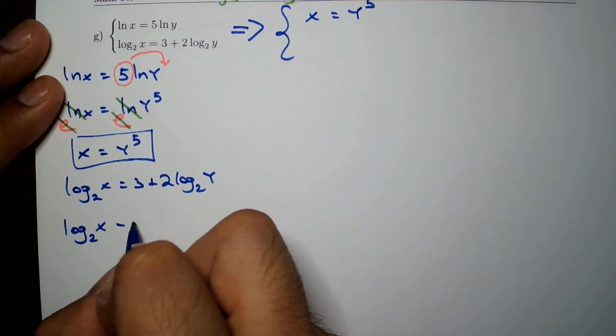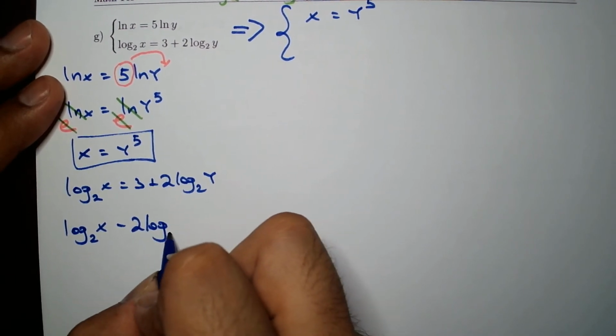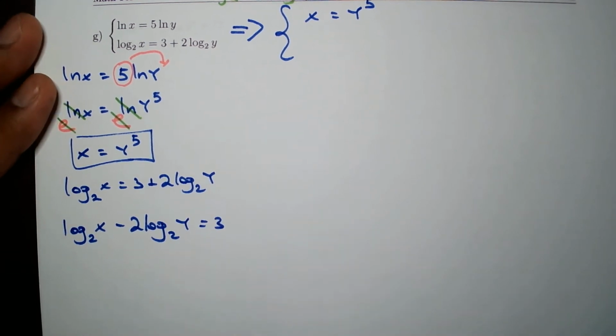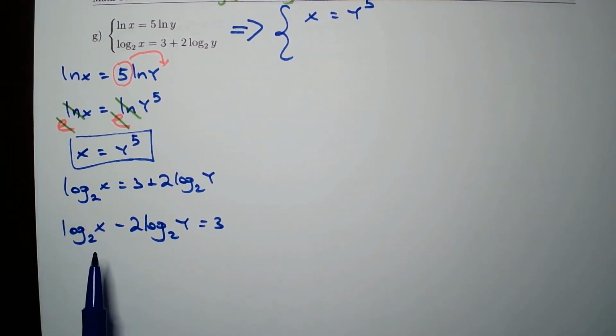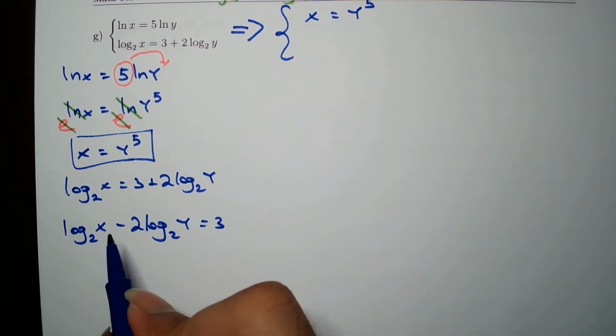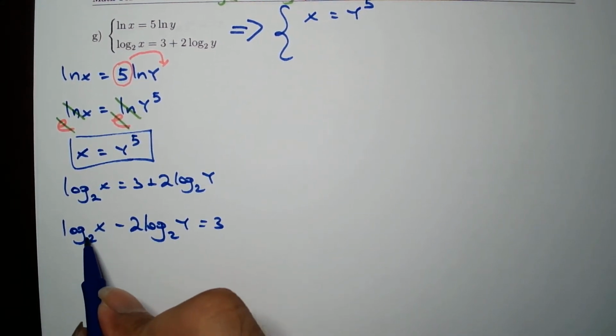Log base 2 of x minus 2 log base 2 of y equals 3. In this case, our goal is to combine everything into one single logarithm equation to then apply the inverse function, which in this case is the exponentiation on a base 2.